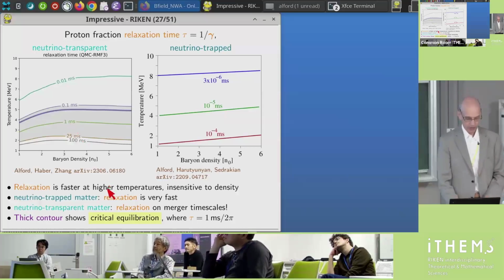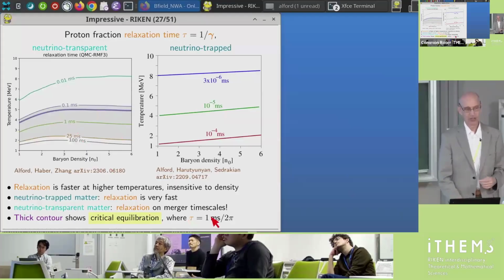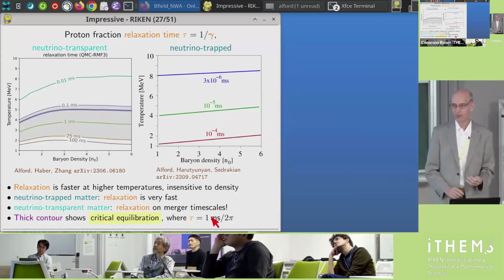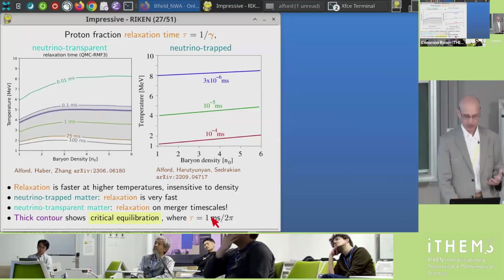So this thick contour in the middle of the transparent regime is showing you critical equilibration. It's showing you where the relaxation time is comparable to the inverse angular frequency for that 1 kilohertz oscillation.